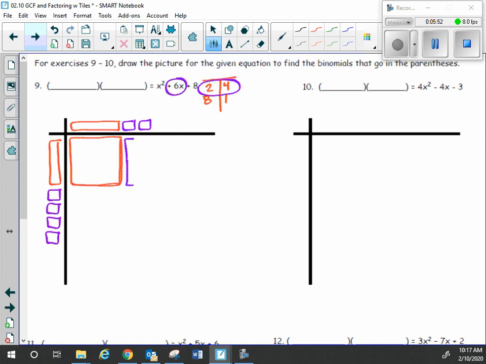So I'm going to get 2 X's on the side and 4 X's down that first column, which will give me that 6x that I need. Will it then give me the 8 that I need as well? Yeah. Why? Because 4 times 2 is 8.